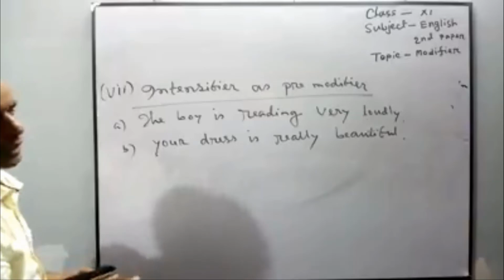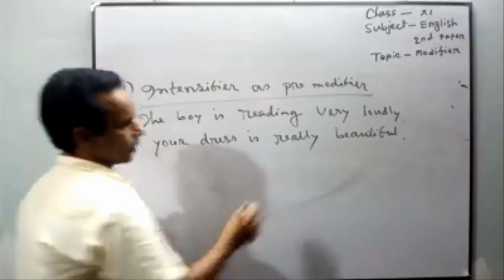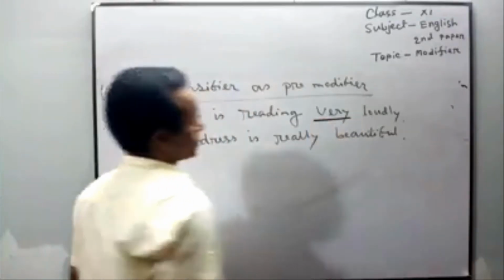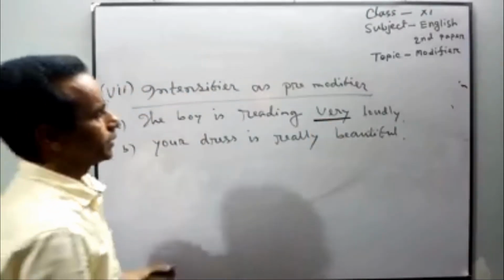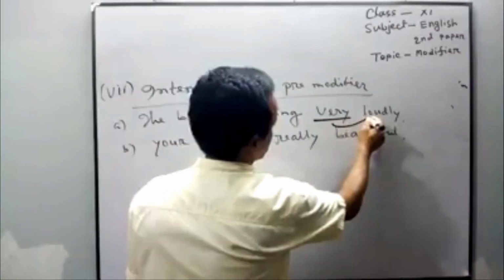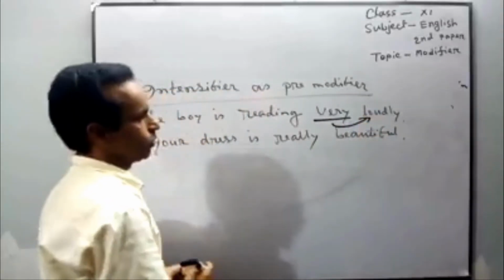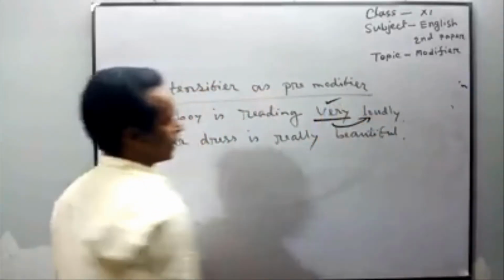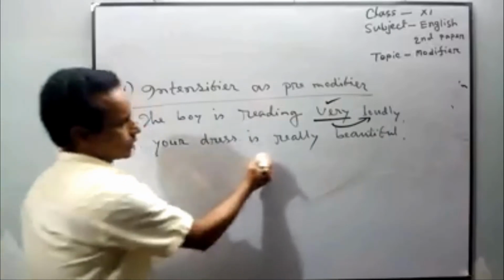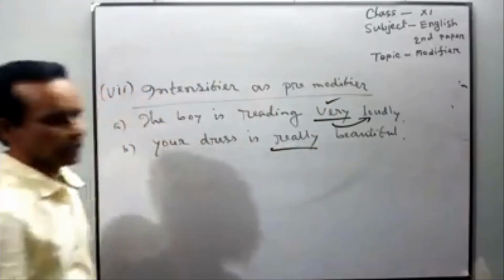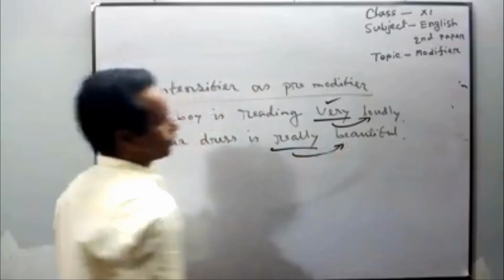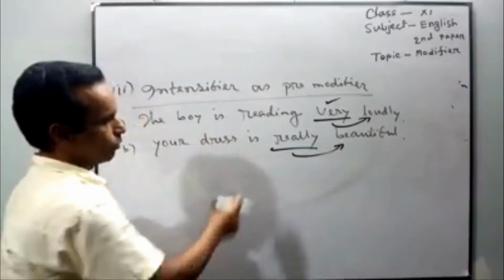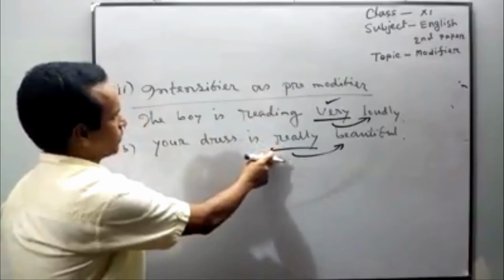Here in the first sentence, you see, very is an intensifier and it has qualified the word loudly. So, this is pre-modifier. And in the second sentence, really is an intensifier and it has qualified the word beautiful, sitting before it. So, this is pre-modifier.